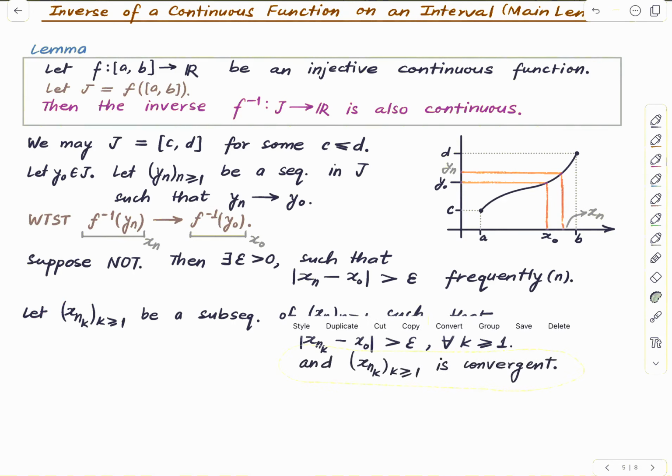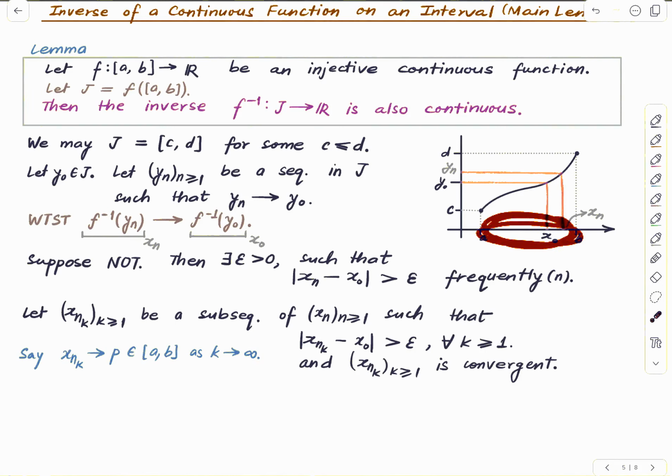Okay. So now say x_{n_k} converges to a point p as k goes to infinity. Since it is a convergent sequence, it has some limit. And since [a, b] is a closed interval, and each x_{n_k} is in [a, b], the limit will also be in [a, b]. Fine.